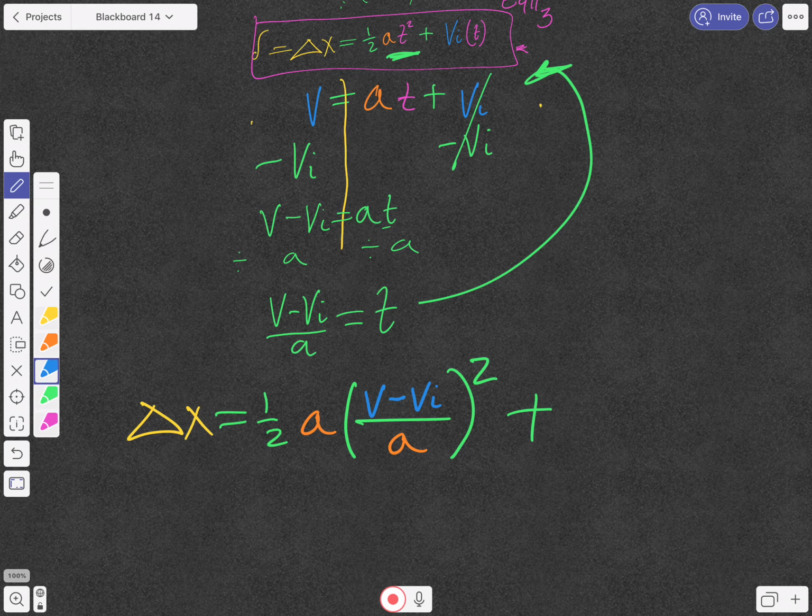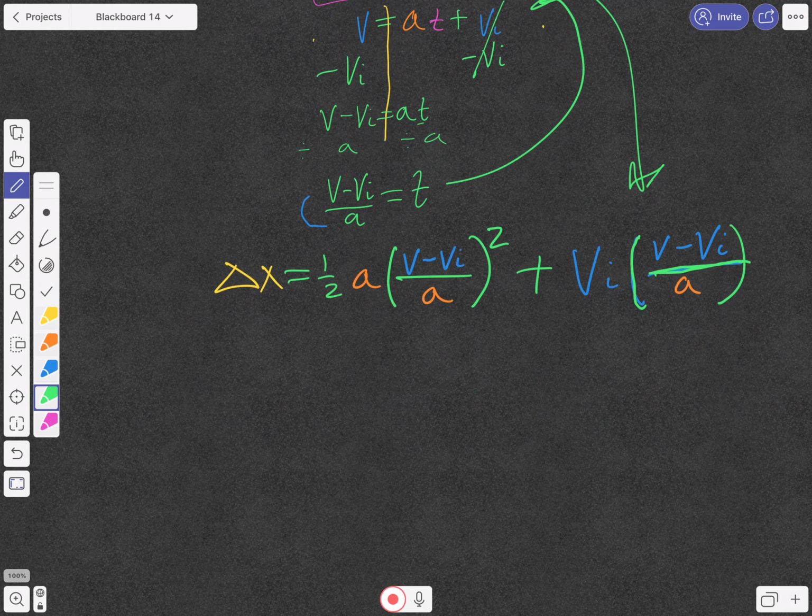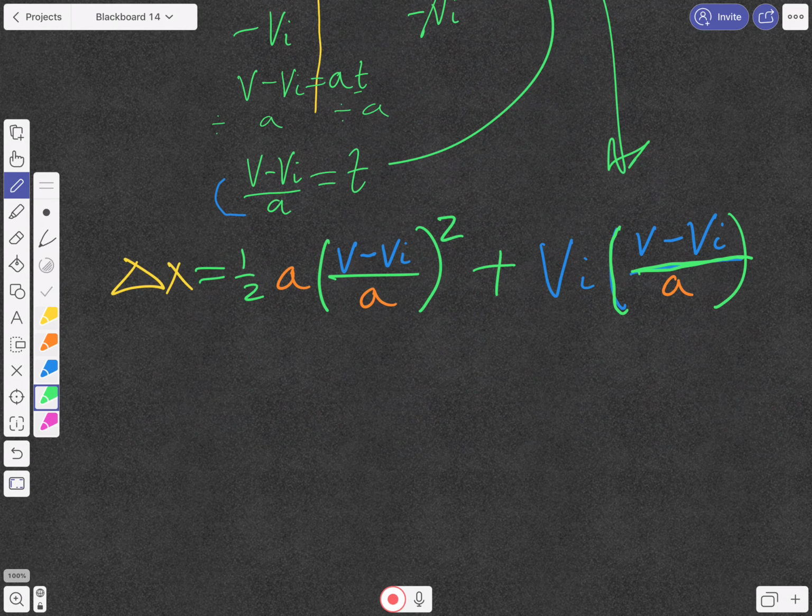And we have v initial. And now instead of time, again, we're still plugging this in. So it's going to be times v minus vi over a, and these should be green. So now we've replaced all of our t's with our v minus vi over a, or velocity minus velocity initial, divided by acceleration.